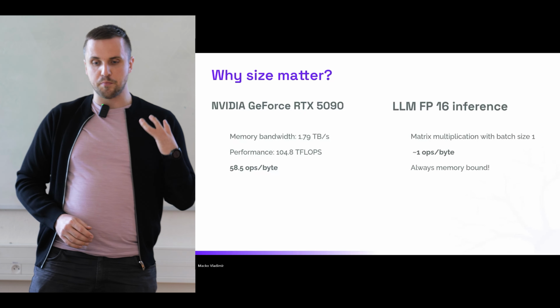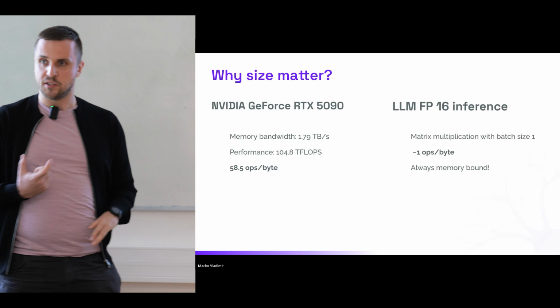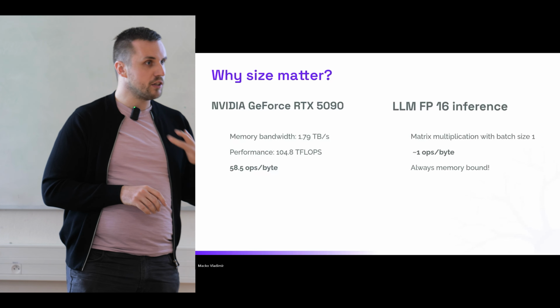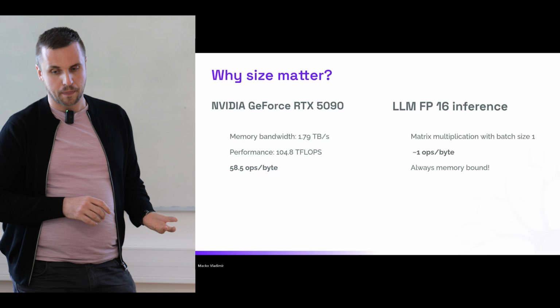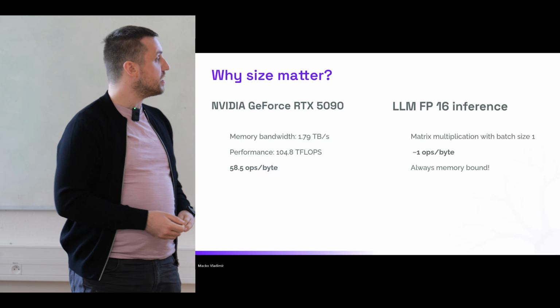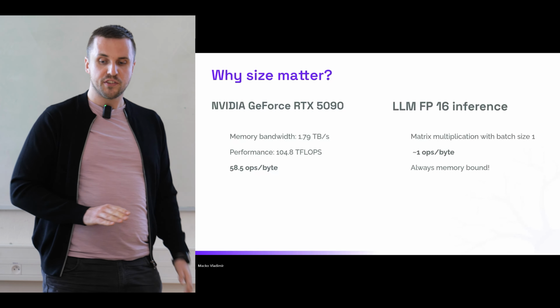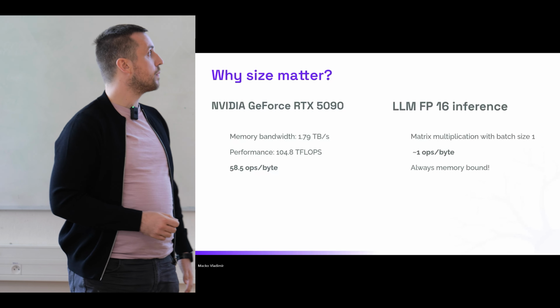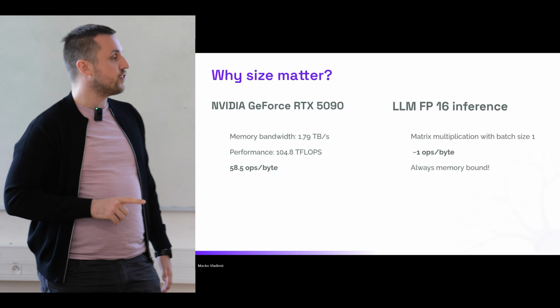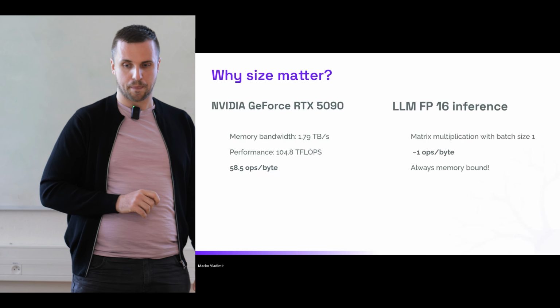The important part is that you can compute the same thing for the algorithm that you want to run on the GPU: how many bytes the algorithm requires and how many operations the algorithm requires. So for example, if we are interested in LLM FP16 inference, which is pretty much matrix multiplication with batch size 1, it turns out that this algorithm only requires 1 operation per accessed byte of memory.